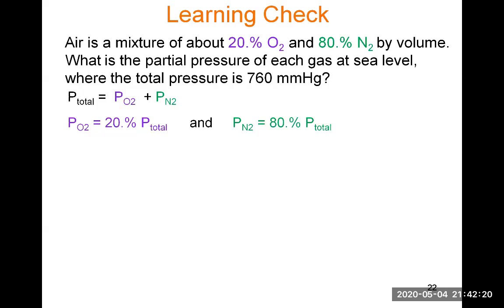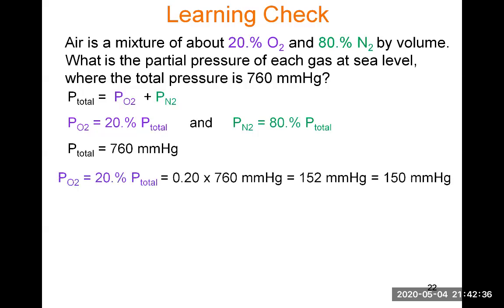We are given the value for the total pressure. It's 760 millimeters of mercury at sea level. So then we need to just use that to calculate the partial pressures of oxygen and nitrogen. So oxygen first, it's 20% of the total pressure. When you use percentages in calculations, you always want to divide the percentage by 100.